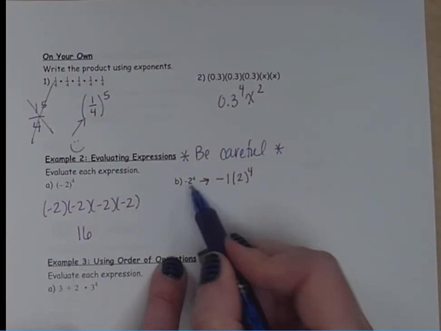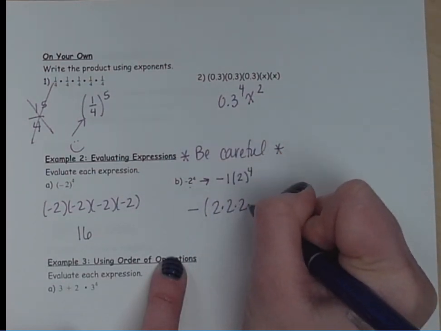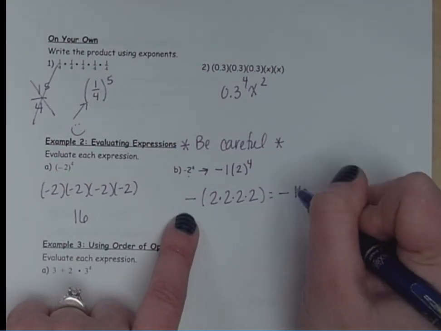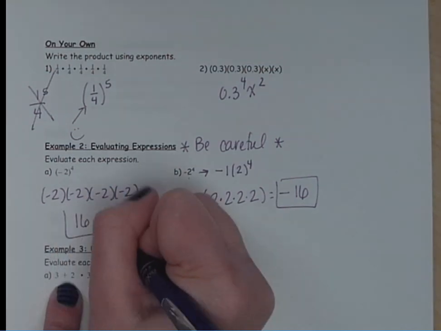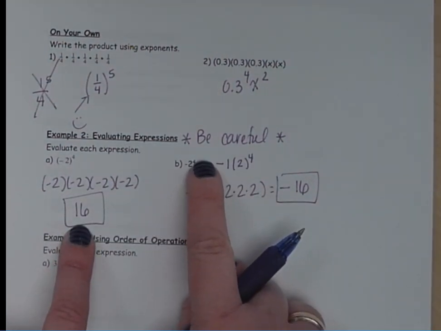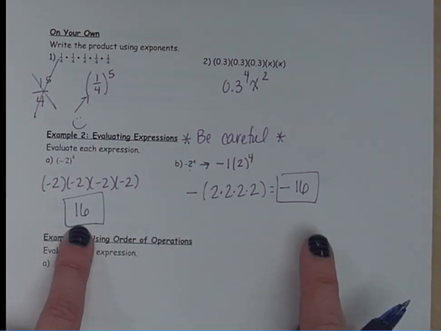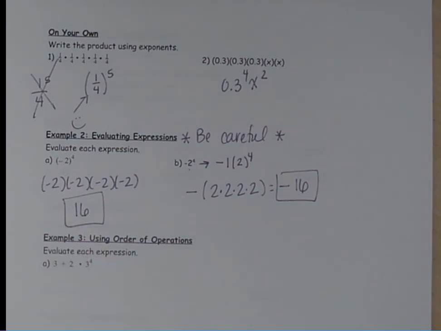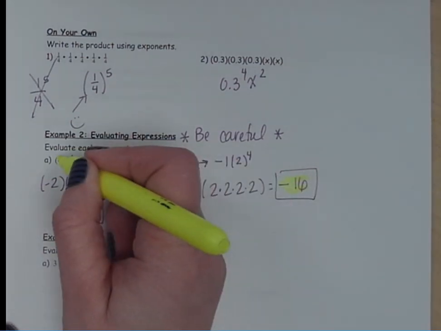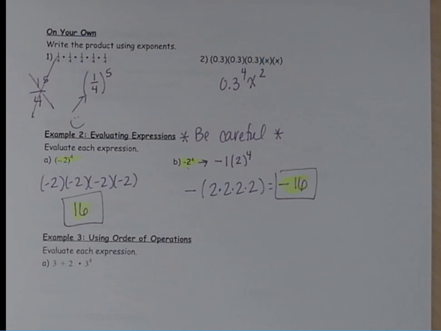So when I have something like this, I have my negative out front, and it's 2 times 2 times 2 times 2. So I have here -16. So notice the difference. Here I'm taking 2 4 times. Here I'm taking -2 4 times. So you really want to watch your negatives here. So look at the difference that these have. Okay? So you got to be really careful.